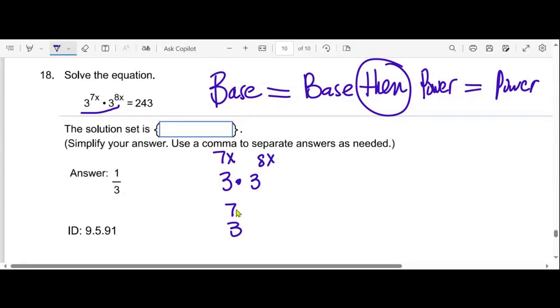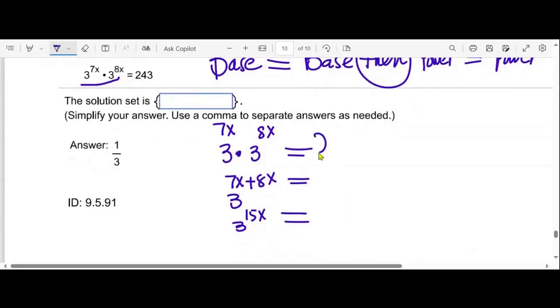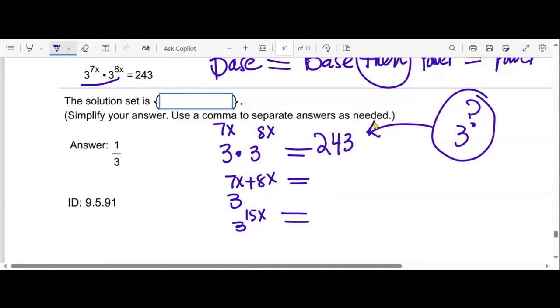If you have the same base, then you add the exponents, correct? So you get what? 15x, correct? Now, how much is the other side? 243. To what power is 243? 3 to what power? I guess 11. Do it on the calculator.